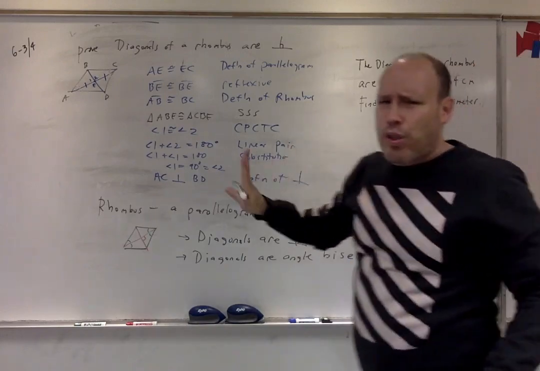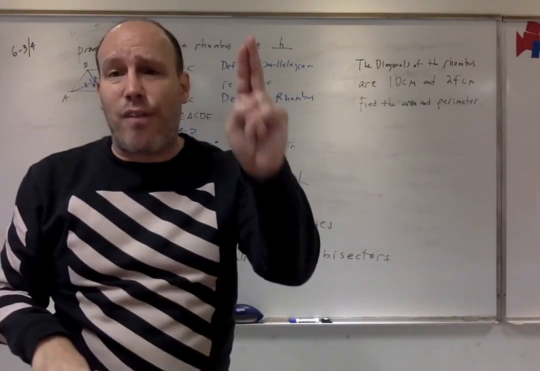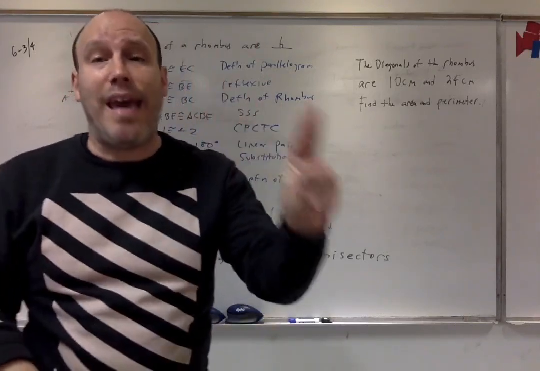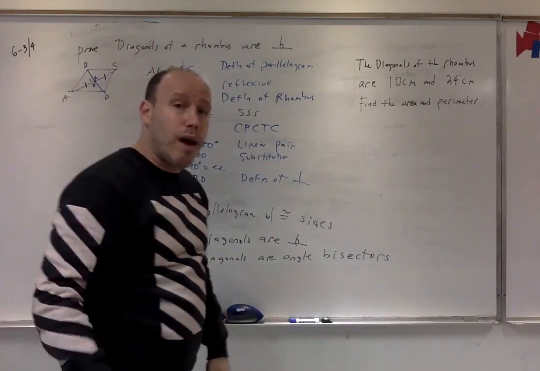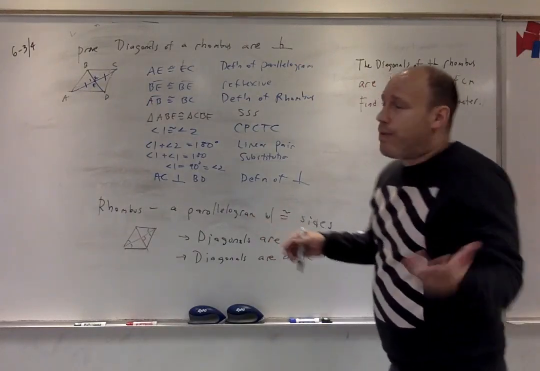Figure out what you can figure out first. Some of you might say, I can find the perimeter first, then the area. Go for that. Some of you might say, I can find the area first, then the perimeter. Go for it. Whatever you want. Okay. Well, what do you think?